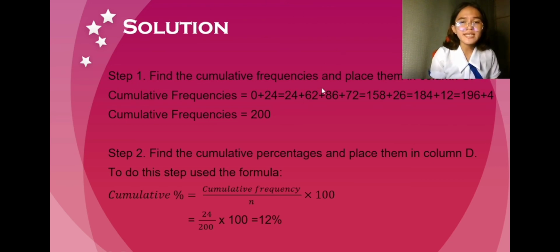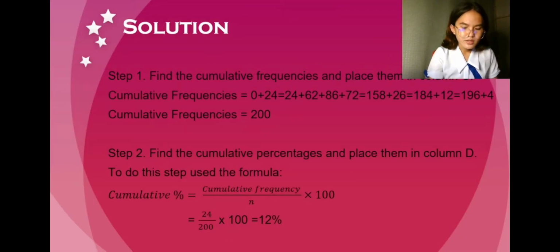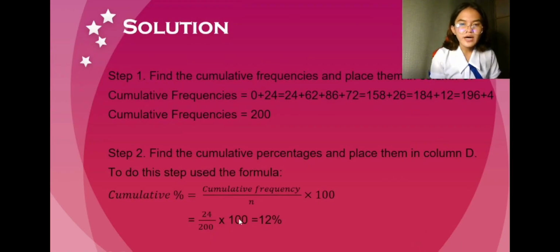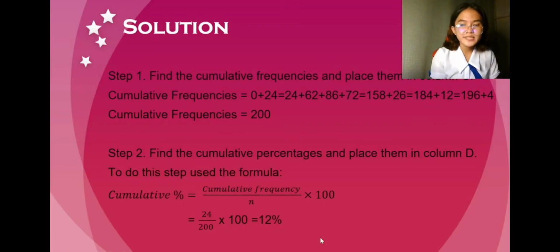And the same process goes for 24, 86, 158. That's the process, class. So if our cumulative frequency is 24, then 12%.